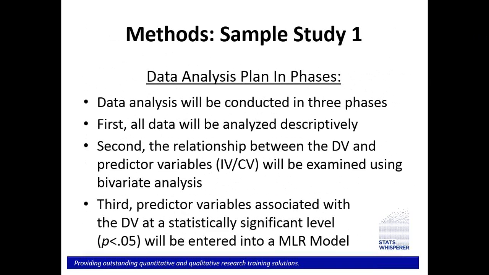Second, the relationship between the dependent variable and predictor variables, the independent and covariate variables, will be examined using bivariate analysis, right? That's what we did. Third, predictor variables associated with the dependent variable at a statistically significant level, right? P is less than 0.05 will be entered into a multiple linear regression model for final analysis, right? So simple and straightforward.